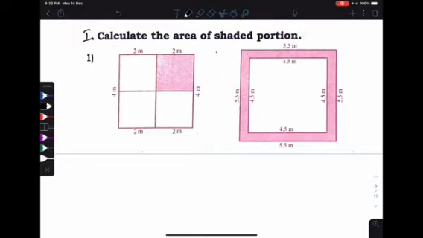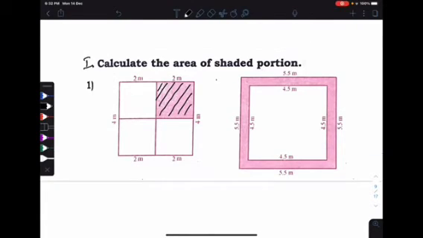Calculate the area of the shaded portion. Children, for the first one, they have given a square, and inside that it is actually divided into 4 squares. So we need to find out the area of the shaded portion. Okay, this is the shaded portion and we need to find the area of that square.